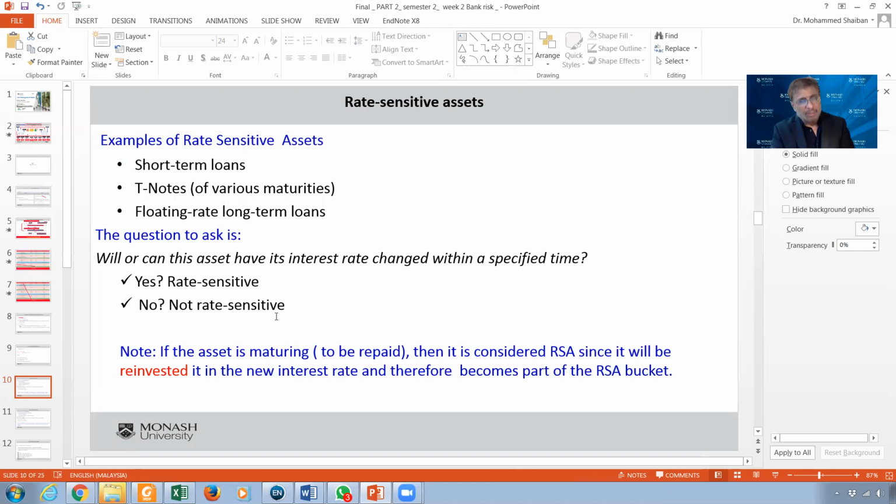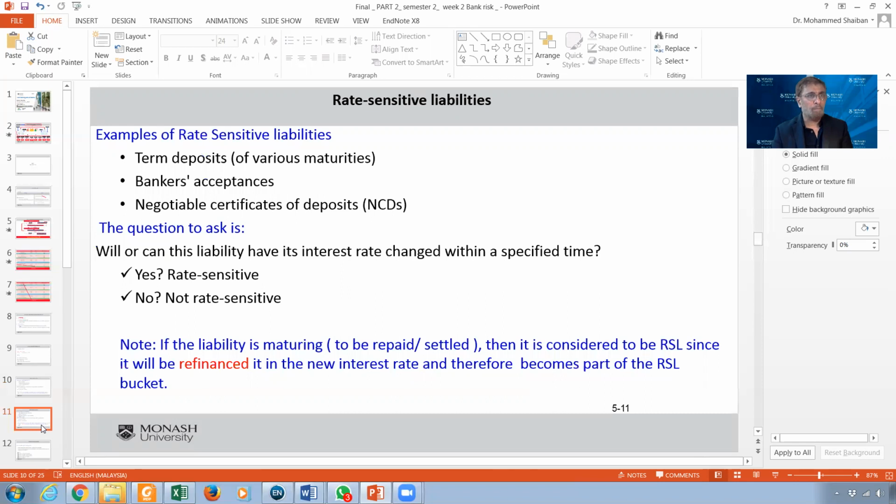When it ends, we will have a new one with a new rate. So something to add: if the asset is maturing to be repaid, then it's considered a risk-sensitive asset, since it will be reinvested at the new interest rates and therefore becomes part of the risk-sensitive asset bucket.